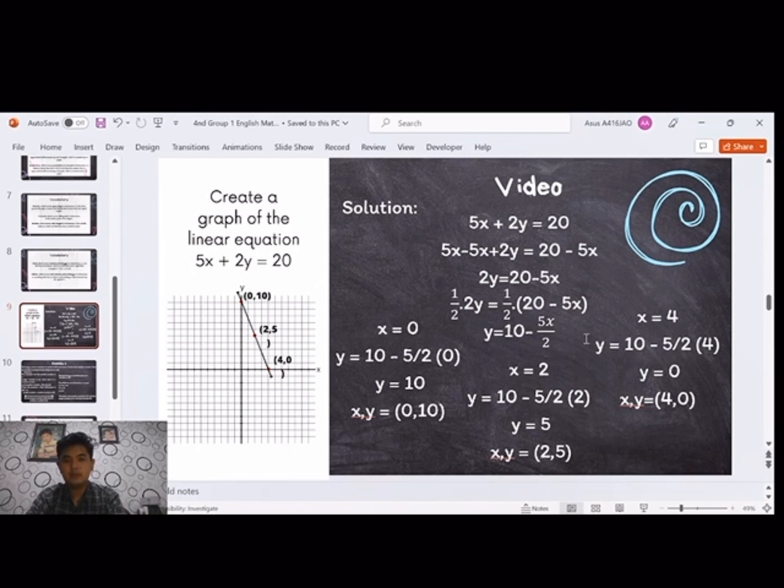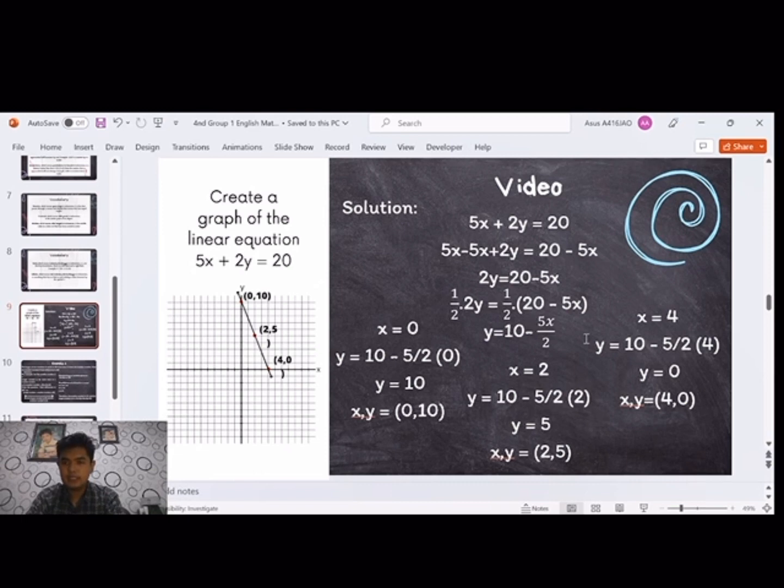So (x, y) is (0, 10). Next is x is 2. So y = 10 - 5/2 times 2, so y equals 5. (x, y) is (2, 5).